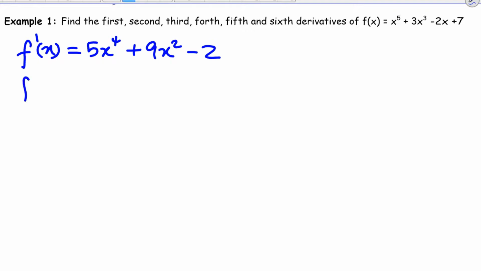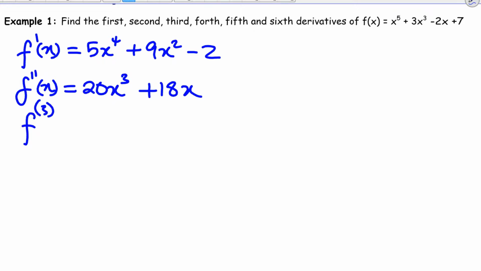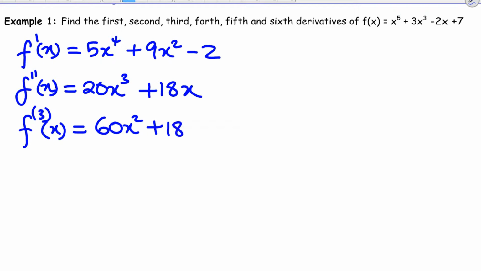The second derivative of this function will be 20x cubed plus 18x. The third derivative of this function, now instead of using the hash marks, we'll use 3 at the top to represent the third derivative. So the third derivative will be 60x squared plus 18.